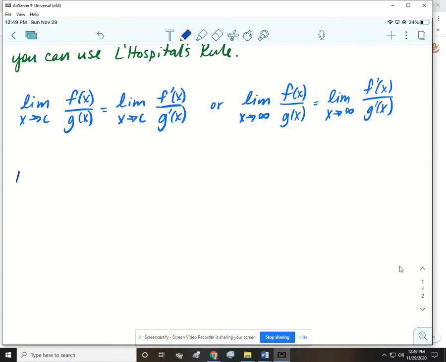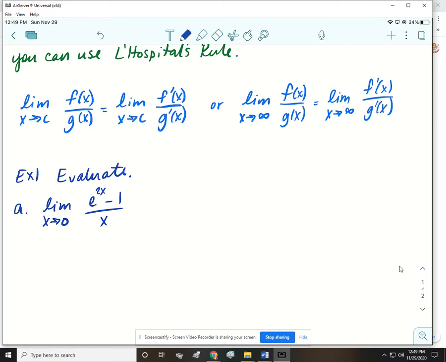So for example 1, we're going to evaluate these limits. In A, we have the limit as x approaches 0 of (e to the 2x minus 1) over x. All right, so now we would never ever say that this limit equals 0 over 0 because that's not true.